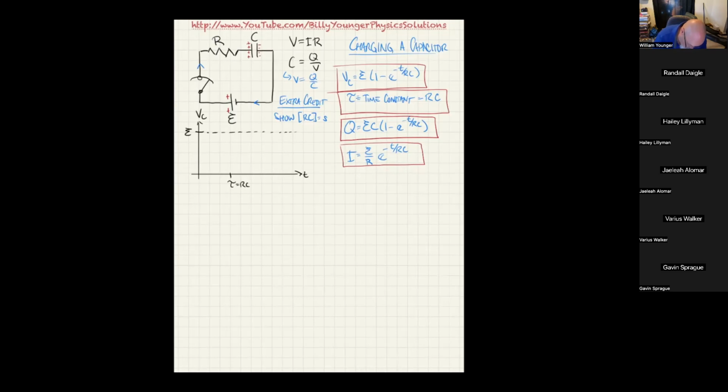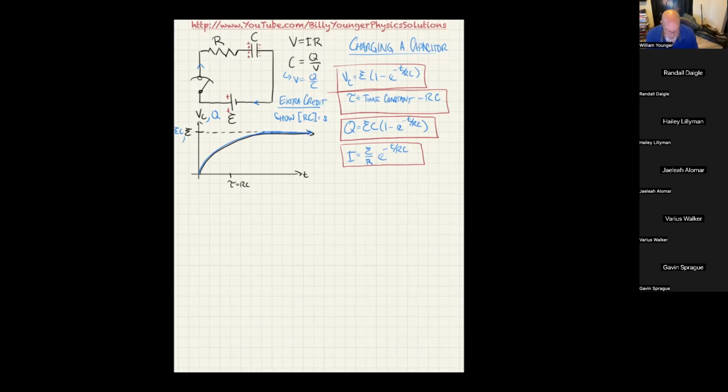And the actual graph would look like this. Now you could also make a graph of Q, and this one I'll make blue. And in this case, instead of E, we'd get EC as that value, and the graph would be identical, asymptotically approaching, in this case, EC.